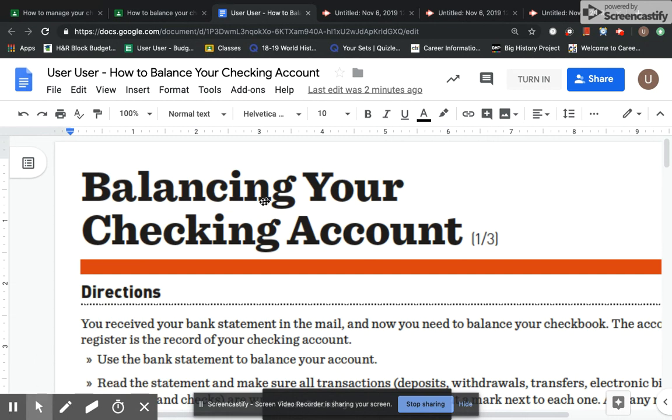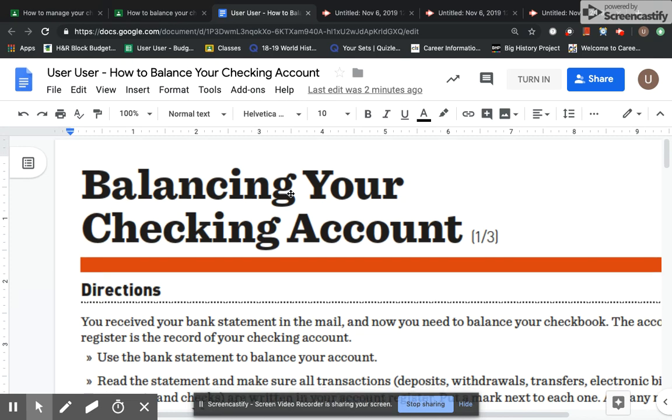Okay, so let me just overview the process of what we are going to do here. Step 1, when you balance a checking account, is you are going to look at a bank statement or your online banking, could be either. What you are going to do is look at the bank statement, find the transaction in the register, and if you find it, they have to be a rough match.